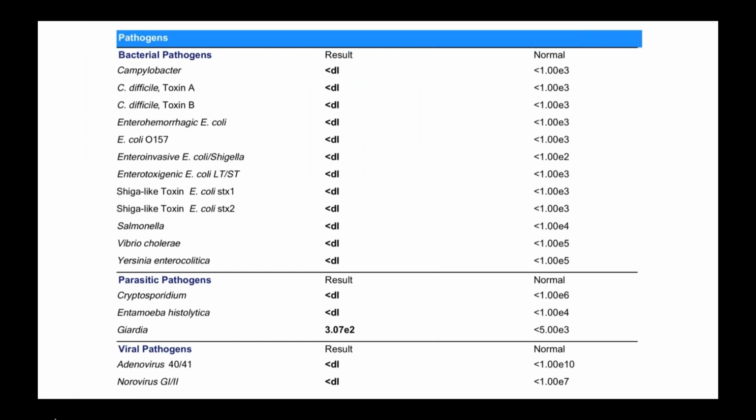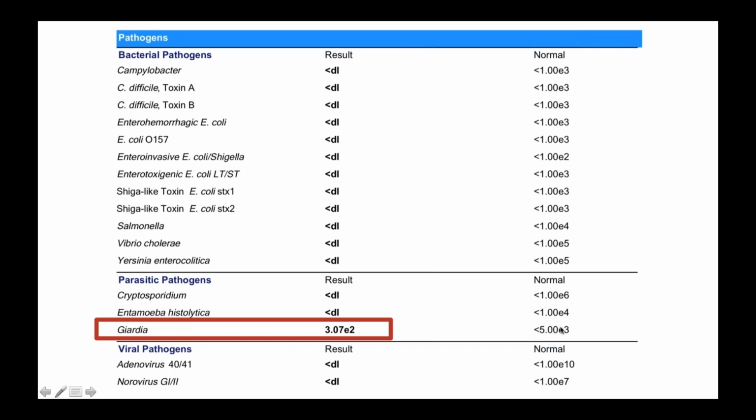You can see the first page, which is basically the section on pathogens, is largely clear except for some Giardia. In this case, the Giardia level is not flagged as high. You can see down towards the bottom that Giardia is at the 3.07 E2 level, which is less than our target for being flagged as high, which is 5 times 10 to the third, or 5 E3.